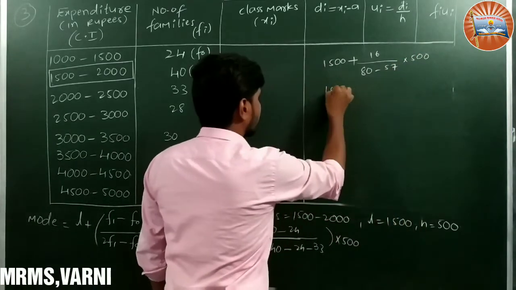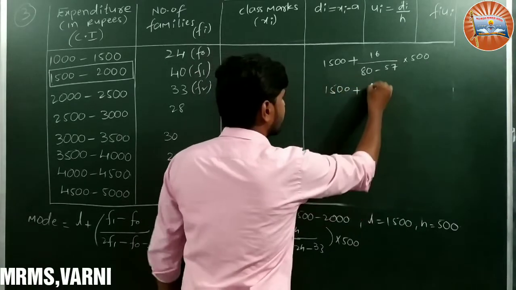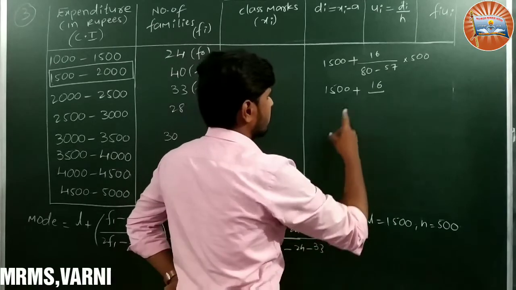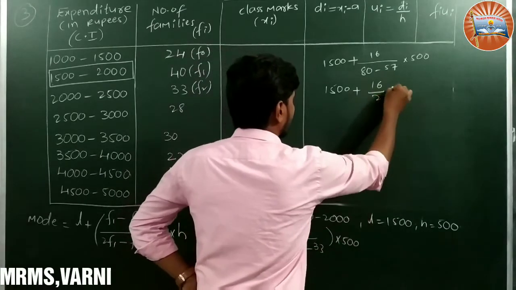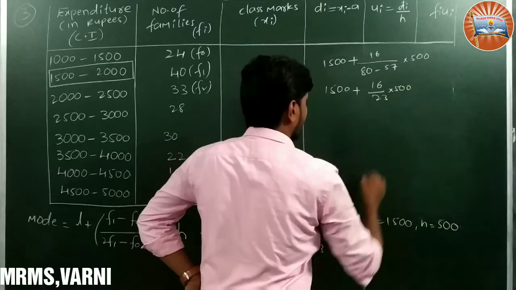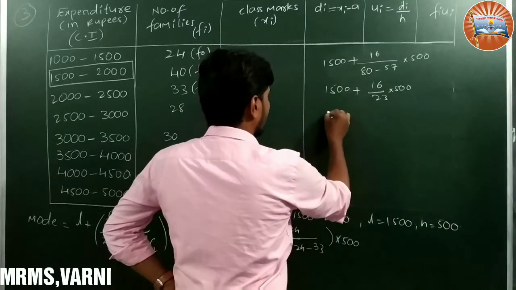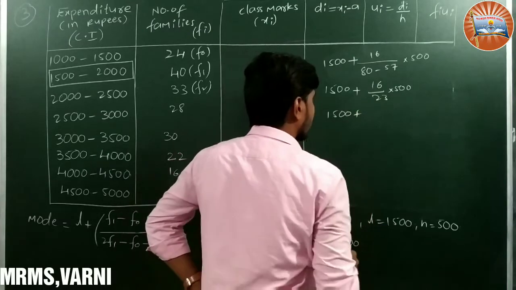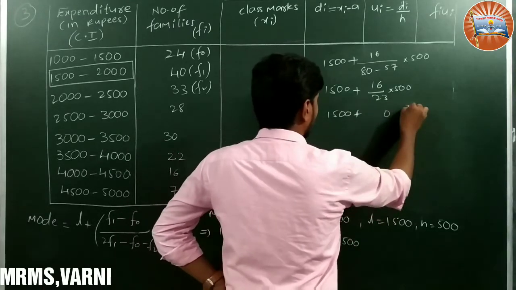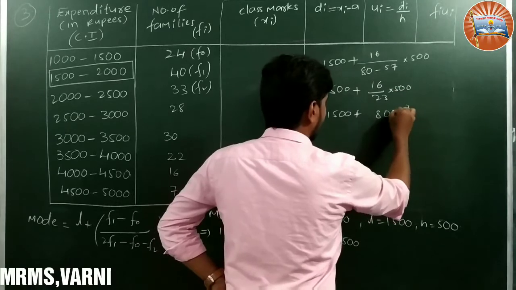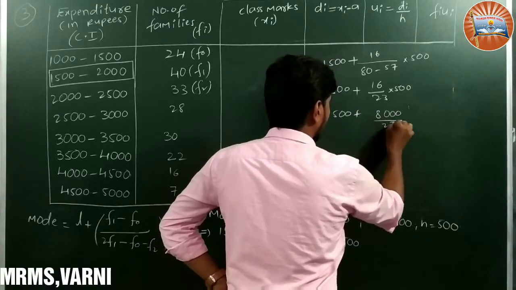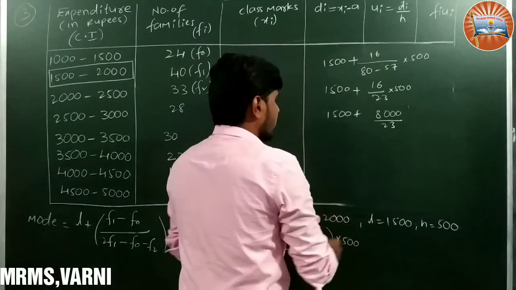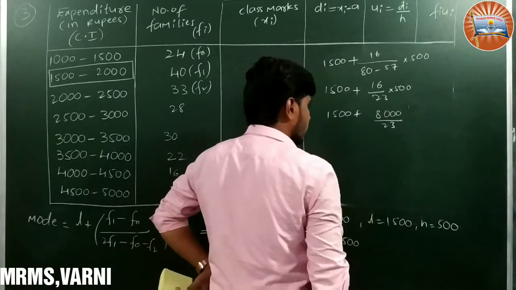So 1500 plus 16 by 23 into 500. Now 1500 plus 8000 by 23. Now we have to perform the division between 8000 and 23.